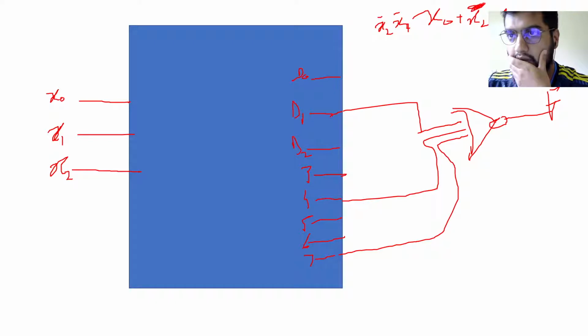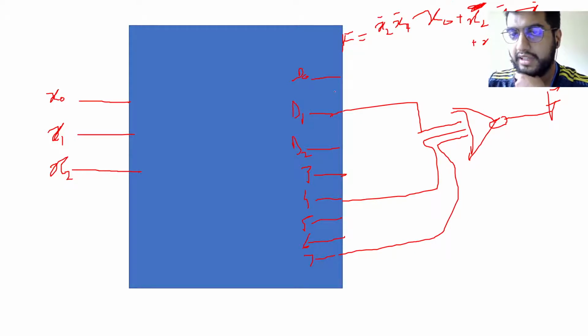This is not a bar, don't consider it a bar. And D7 will be x2 x1 x0. So if it was an OR gate, let's consider for a moment, our F would have been like this. But since it's a NOR gate, you have to complement these things.